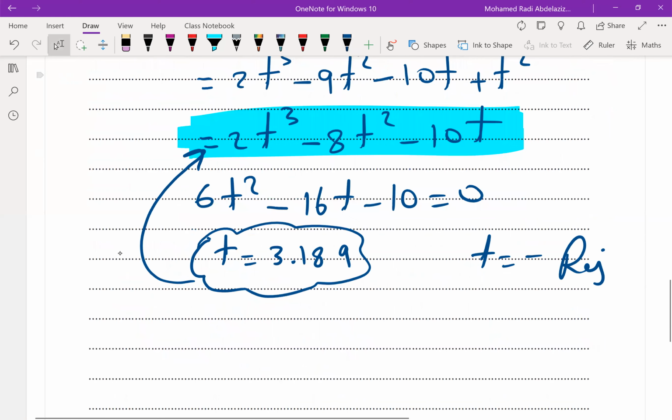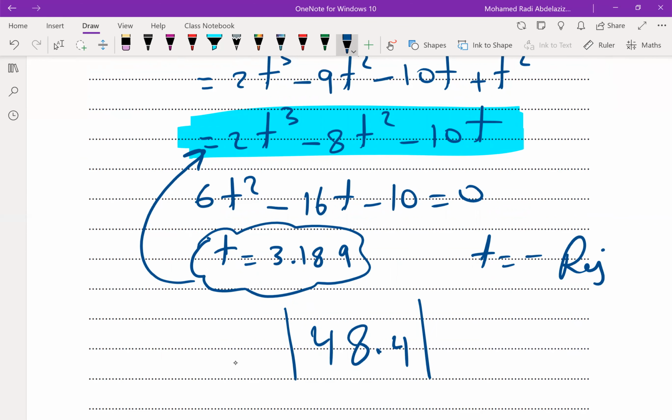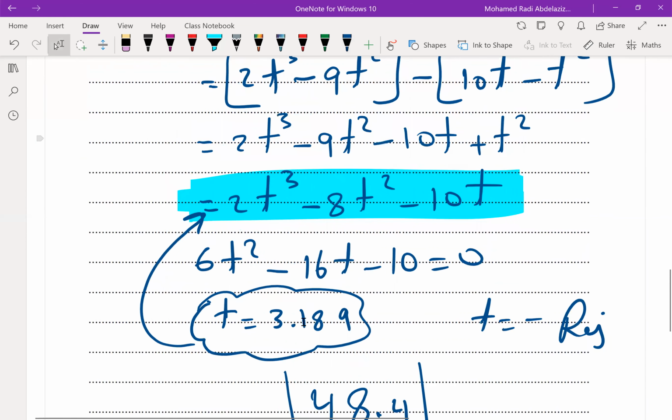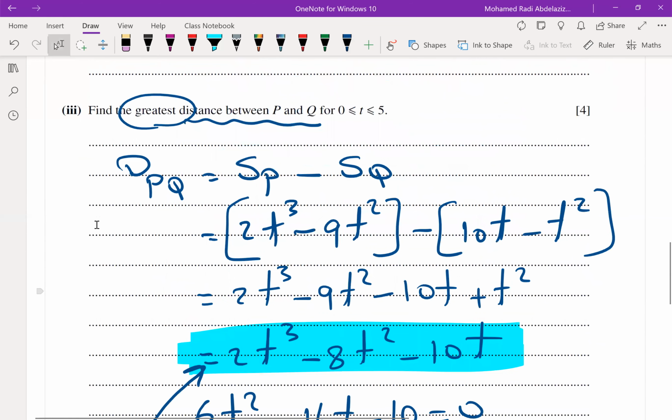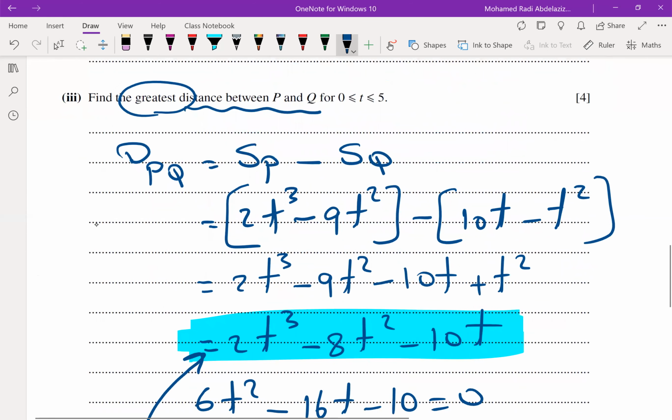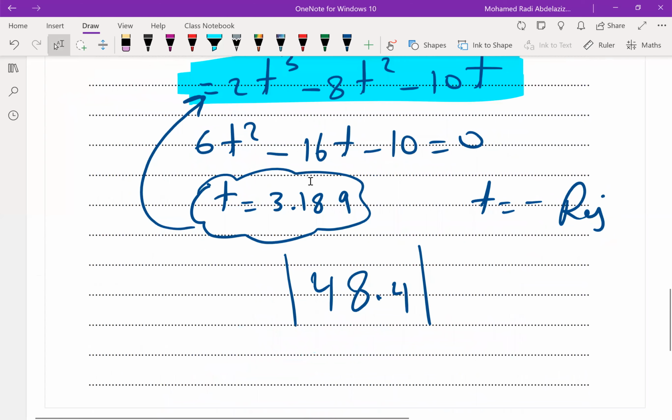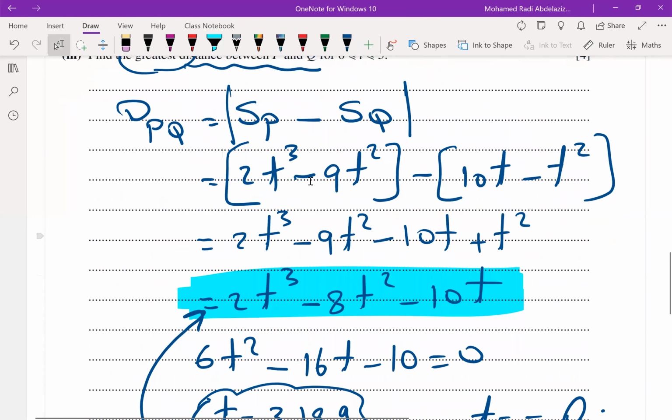You will get the answer, which is negative, but its magnitude will be 48.4. This is the value of the greatest distance, 48.4, as the magnitude of the difference in between. Find the greatest distance: because I got SP minus SQ, you have to get the magnitude, whether the value is positive or negative. The final answer is 48.4. That's it. Thank you.